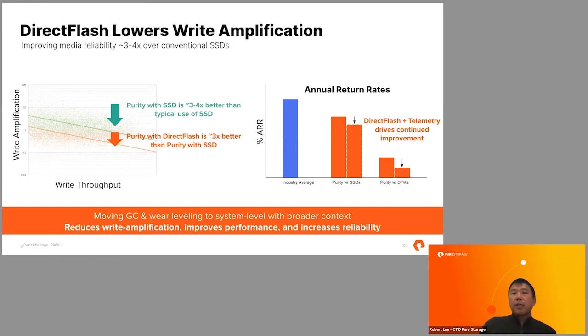That's a good representation of the continued improvement in reliability we're able to drive out of the system. Again, completely unlocked by our DirectFlash technology, our ability to have fine-grained visibility and control over how we're using the flash down to essentially the individual cell level.